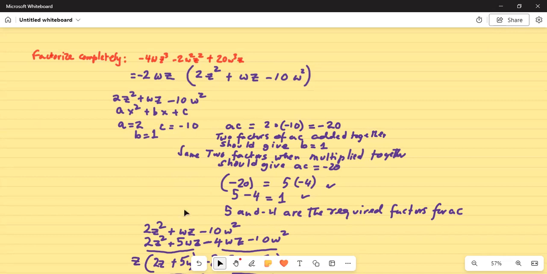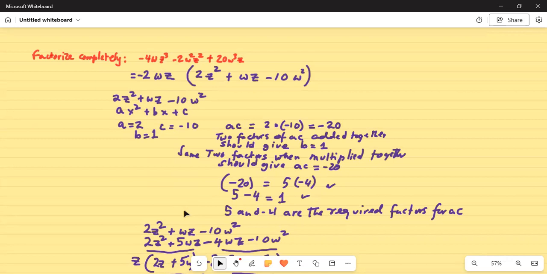Now you compare that with ax square plus bx plus c. Your a is 2, your c is -10. So ac is 2 times -10, which is -20. Using the AC method, you want to find two factors of -20 which, when added together, will give b, which in this case is 1, because 1 is in front of wz, and which when multiplied together will give ac.